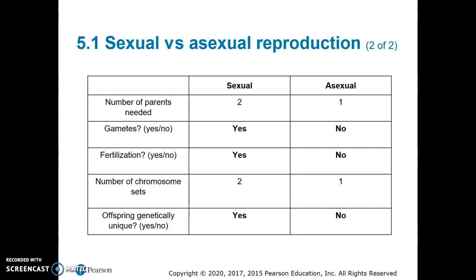When we start looking at chromosomes, which is where we're going to move into, you will see that sexual reproduction involves two sets of chromosomes, where asexual reproduction only involves one. And then, of course, the offspring: in sexual reproduction, they're unique, versus asexual reproduction, they are not.